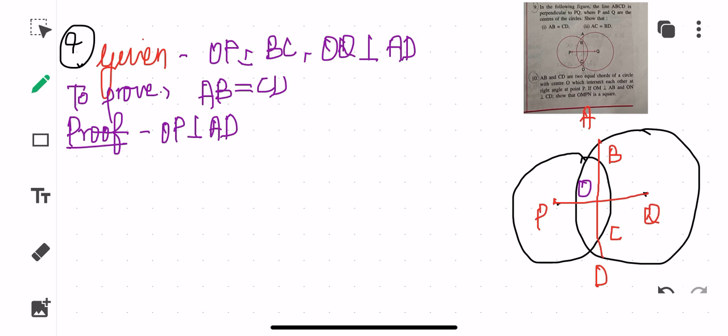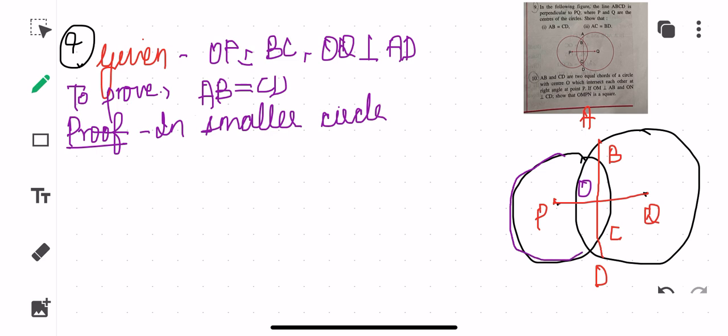So since we are having two circles, write down in smaller circle. If you see, this is my smaller circle, children, that I am talking about. I'll be writing down OP is perpendicular to BC. So this implies what?